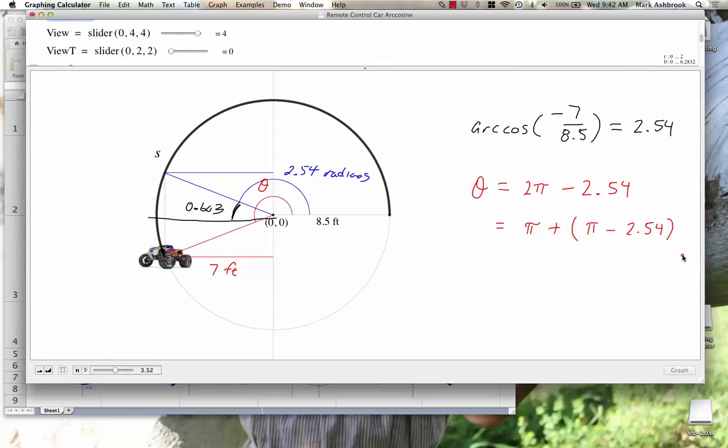Two different ways of thinking about it that give the same result. So you can think about pi plus that angle 0.603, which comes from pi minus 2.54. Both give us an angle of 3 point what? Nice and loud.